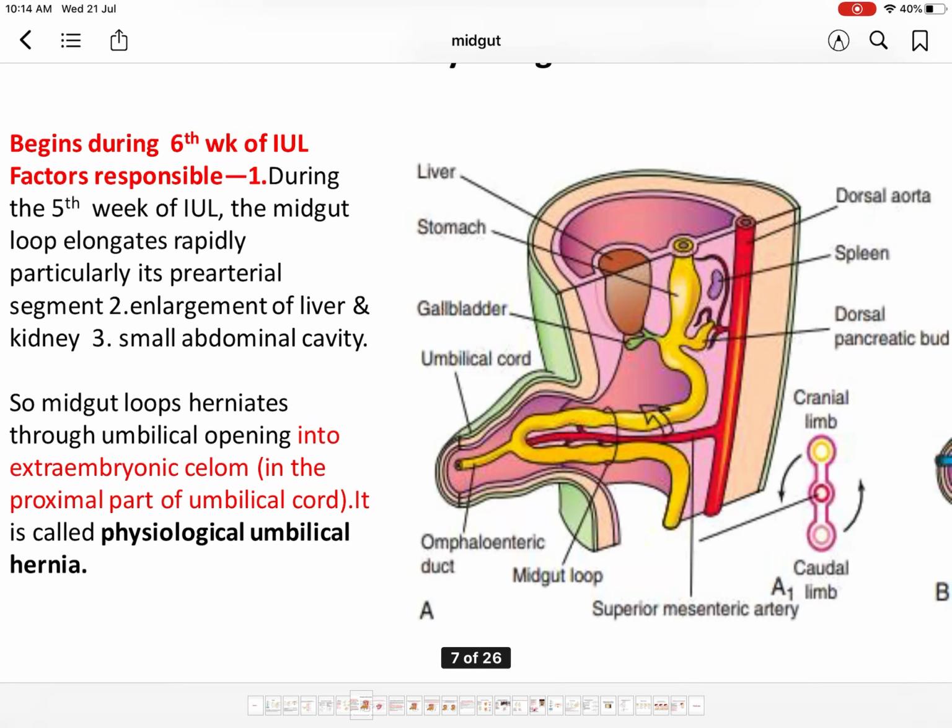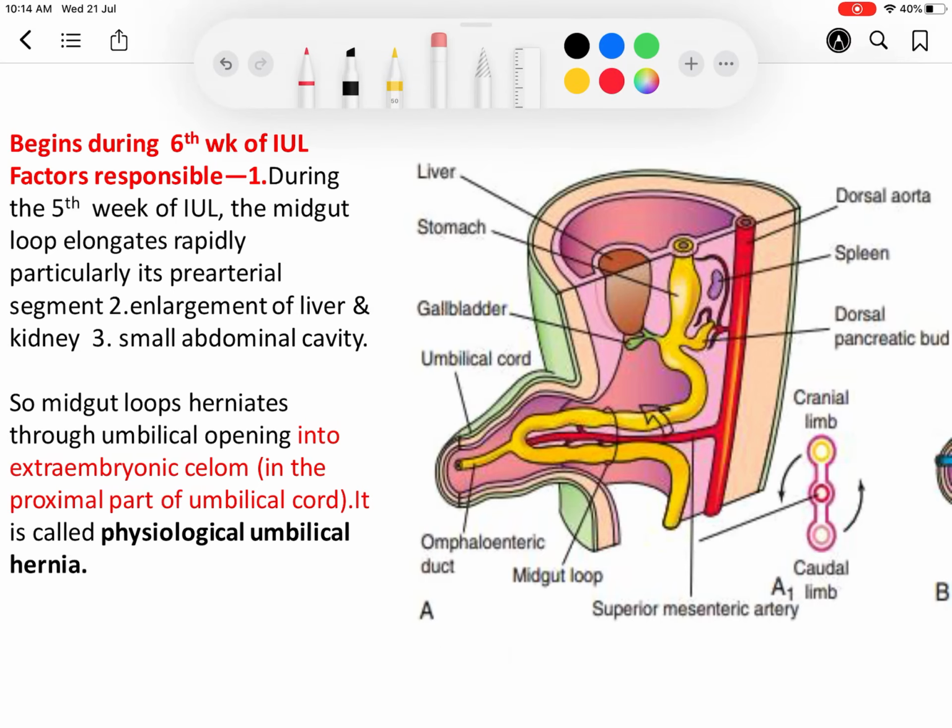Why does the physiological hernia occur? During the 5th week, the midgut loop elongates excessively, mainly the pre-arterial loop, and at the same time the liver is enlarging and the kidney is also developing. So the size of the abdominal cavity is not enough to accommodate the loops of intestine.